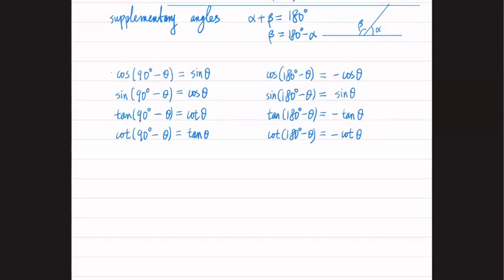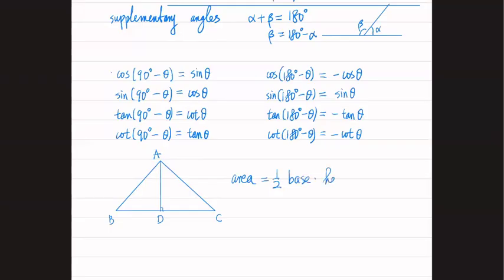And a very useful formula, I think you all know this one, is the area of a triangle. If we can draw a perpendicular line, then the area is 1/2 base times height.